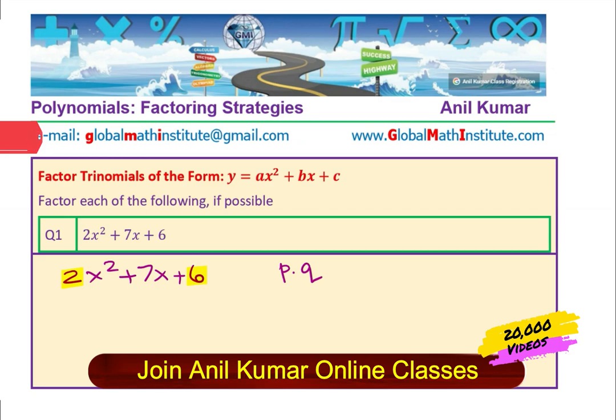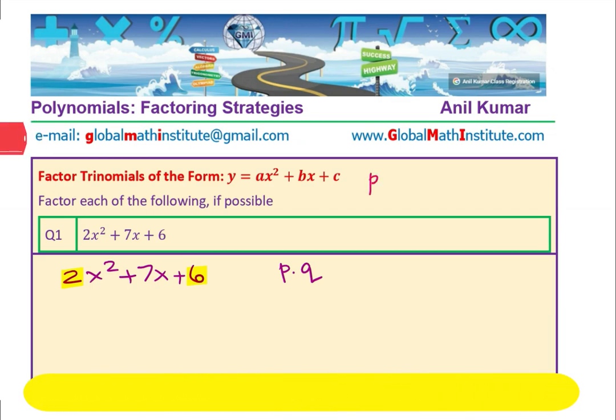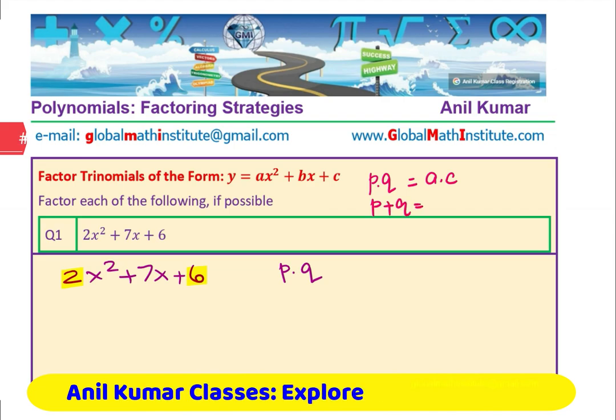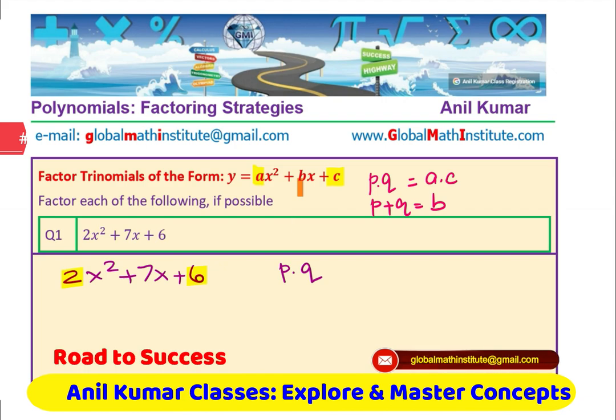We're looking for two numbers p and q whose product will be a times c and whose sum will be the coefficient of x, which is b. Perfect. So that is a common strategy. The idea is how do we apply it effectively.